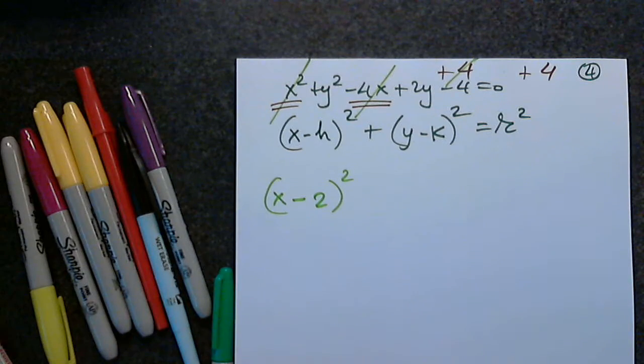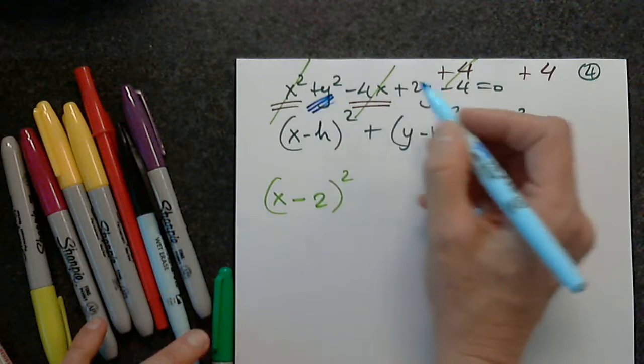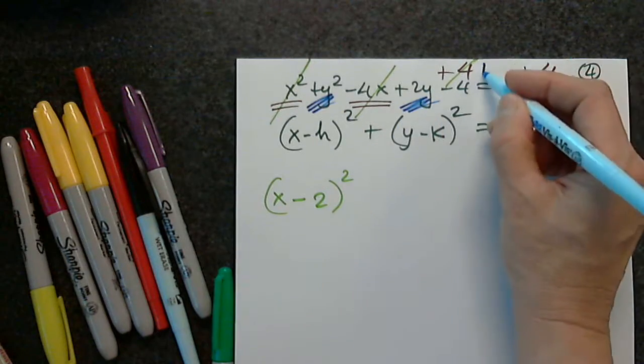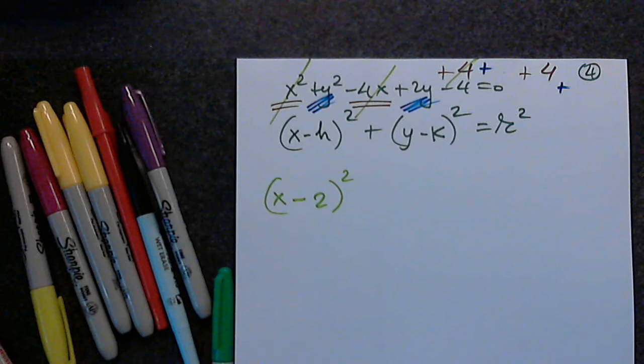Now we have to complete the square for y squared, for y. What do we need to add to both sides to complete the square with y squared and 2y? And we have to add both to both sides.